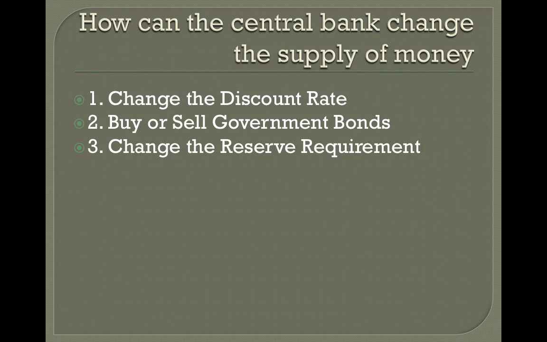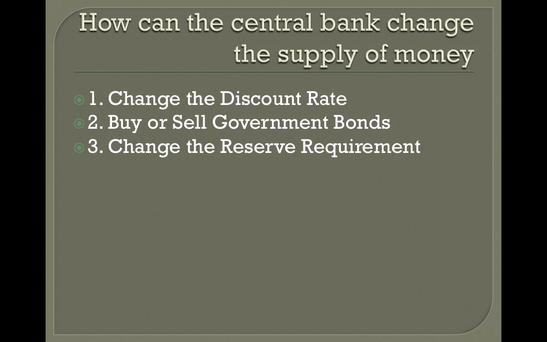For example, if the central bank buys government bonds, which we're going to talk about in a moment, if a business or a person has a bond and the central bank has money, when they buy the bond from the bondholder, money goes from the central bank to either the business or the individual in an economy, so basically increasing the supply of money. And when we increase the supply of money, as we saw, the interest rate goes down.